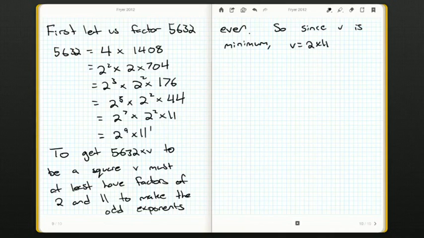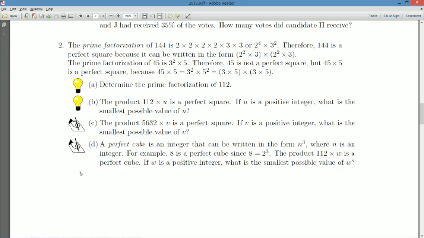We just have v have that factor of 2 and 11. So v is going to be 22. I guess we could have a little therefore statement. Therefore, v is 22. Okay. So that's C part. Knowing that we have to make the exponents even is a great help.